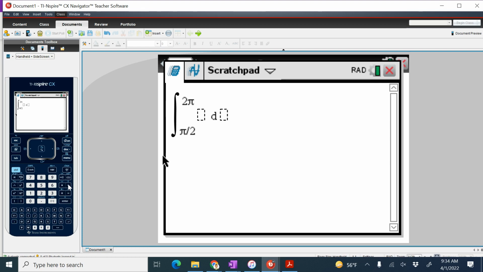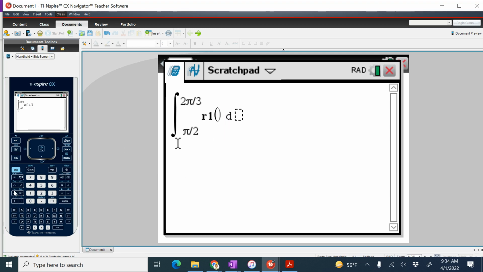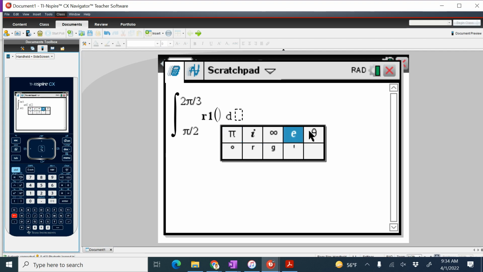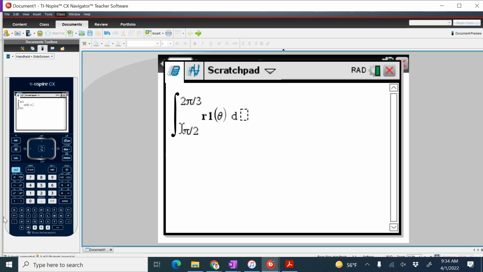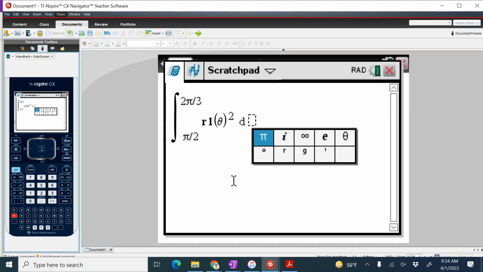And then our first one was in R1. So I'm going to go to var R1, and you're going to use thetas because that's what it was in. Theta, and then you want to square that. D theta. I don't know if I need parentheses around. Let me see if I get the right number.